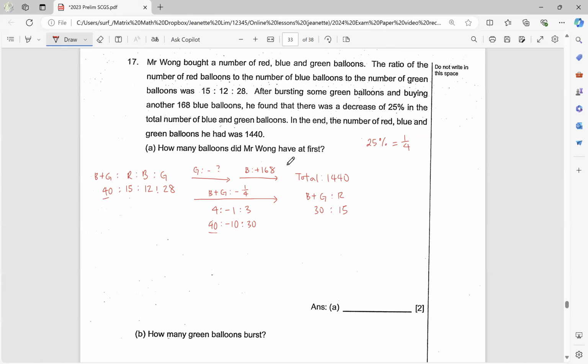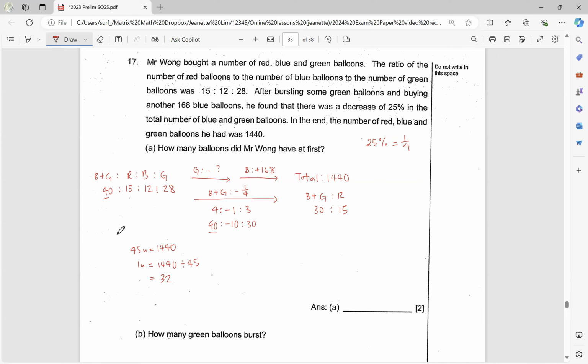Okay, so how many units is 1440? 1440 is 45 units. Then find 1 unit. Divide by 45, you get 32. How many did he have at first? The total at first, we add them up: your red, blue, and green over here.